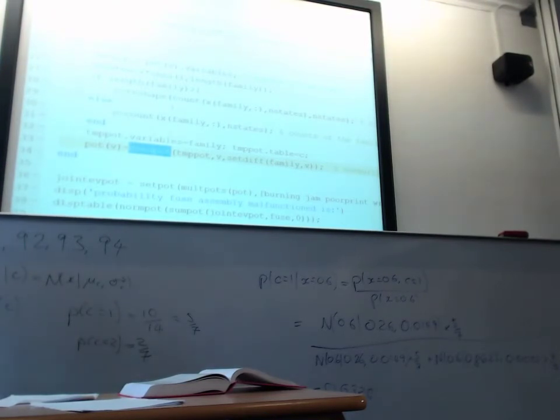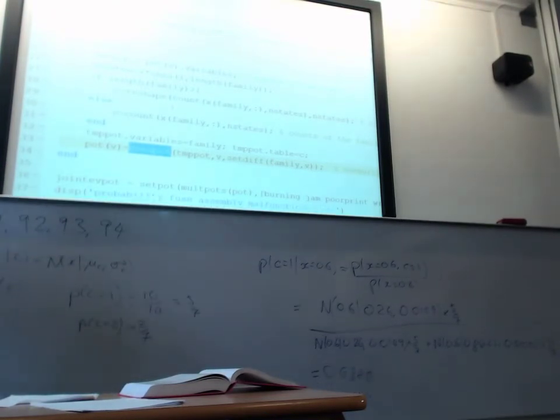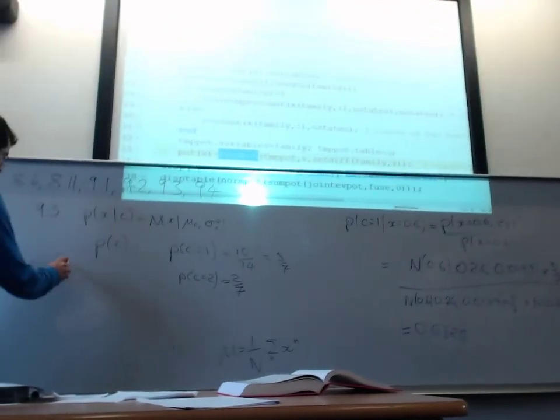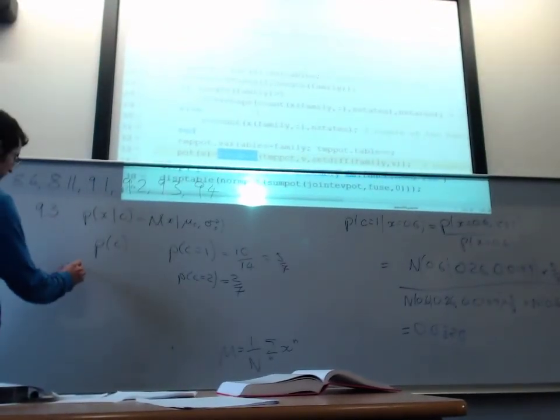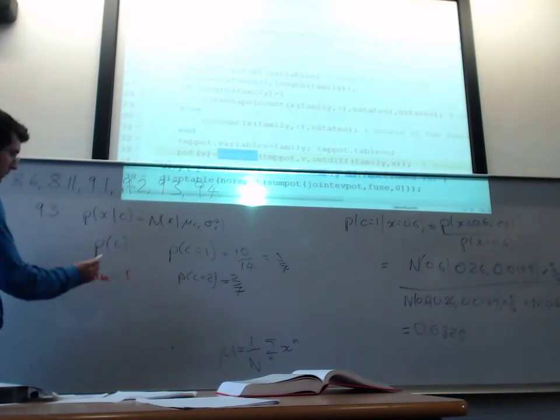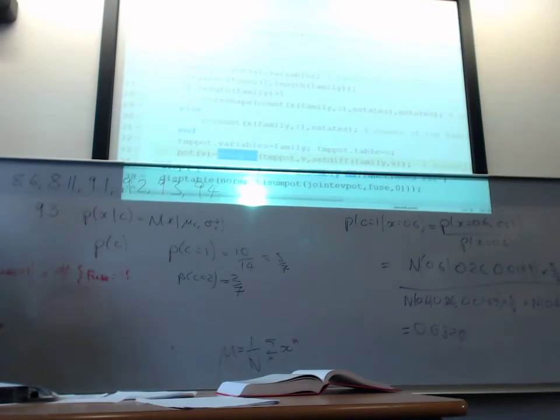So the probability of a variable, let's pick one, fuse, is going to be the number with fuse equals 1 divided by the number of all of them.